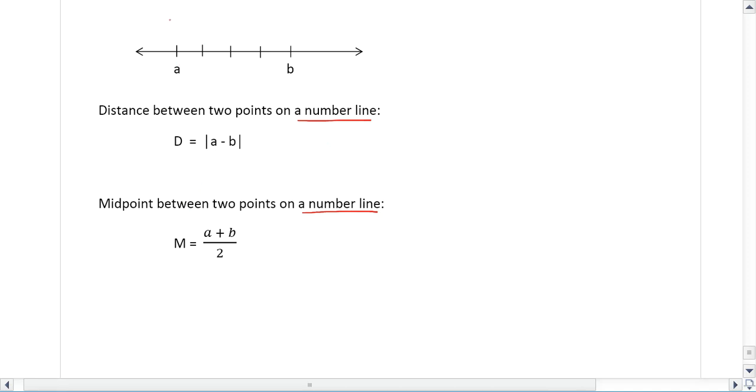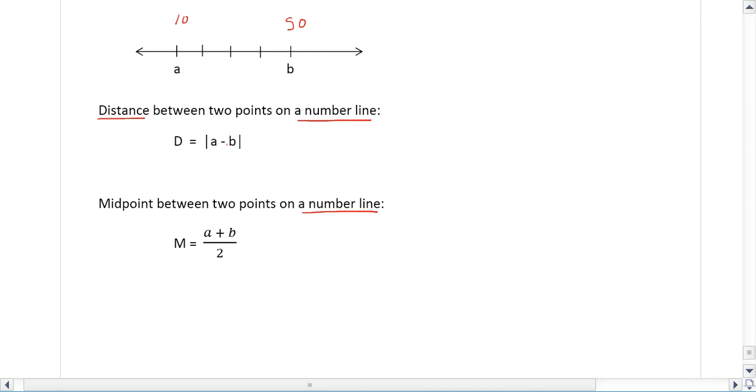For example, if A happened to be 10 and B happened to be, I don't know, 50, and I asked you to find the distance between them, you would know that you simply subtract. And most of you would automatically say 50 minus 10, and you'd say 40. They're 40 units apart.